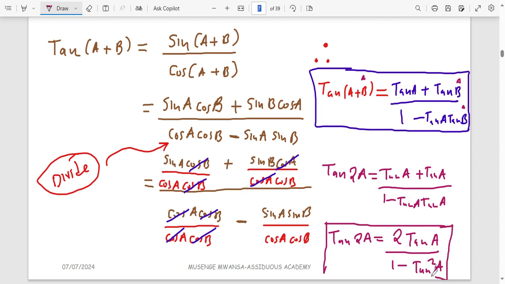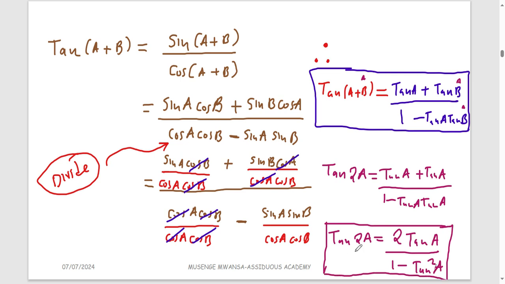You can see how easy these guys are, right? So that's the double angle for tan.